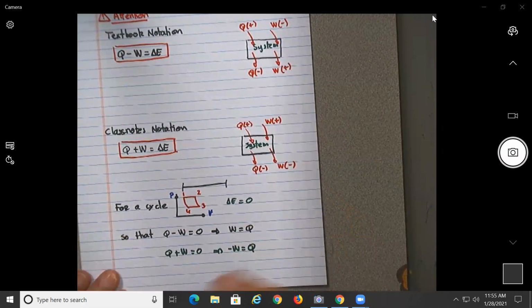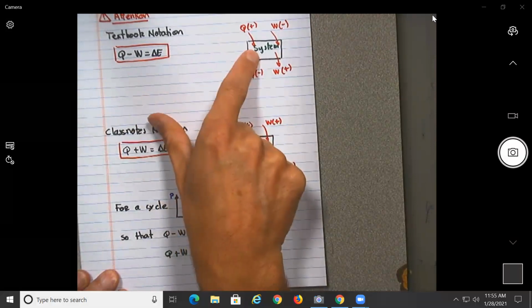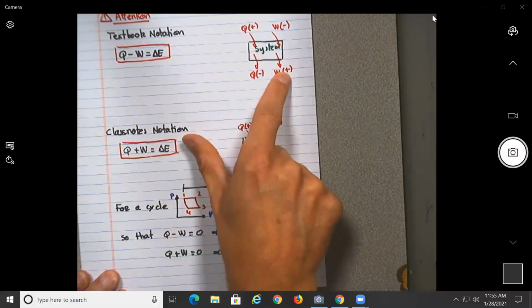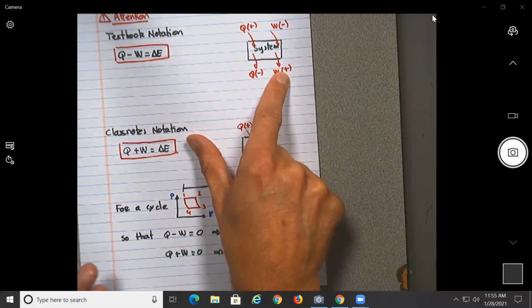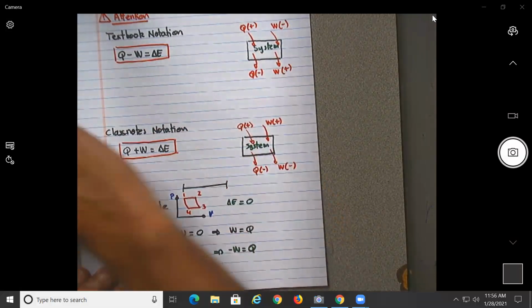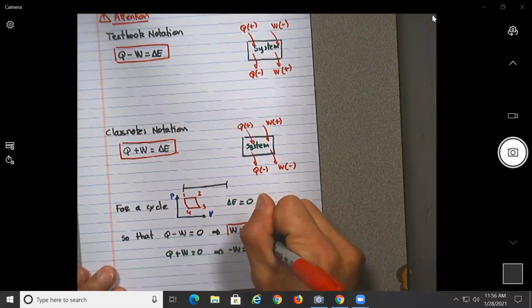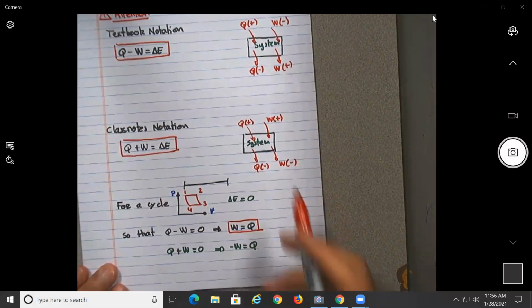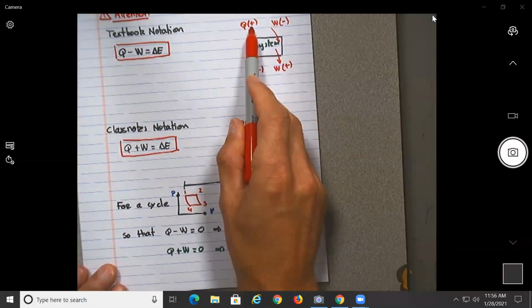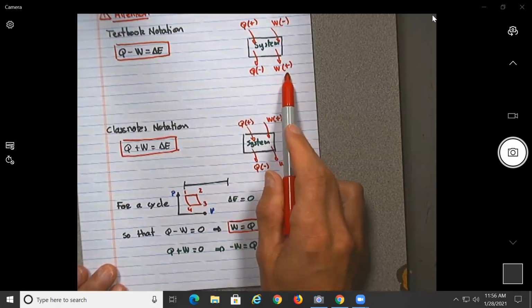So basically what happened is this: from the intuition point of view, what is more logical to say? Okay, if I put heat into a machine, that heat is going to become work, correct? So in order for simplicity, it's a lot easier to see the equation. The amount of work I can get from the system is equal to the amount of heat that I can put in the system. But in that case, the Q coming in needs to be positive, but also the work coming out needs to be positive.